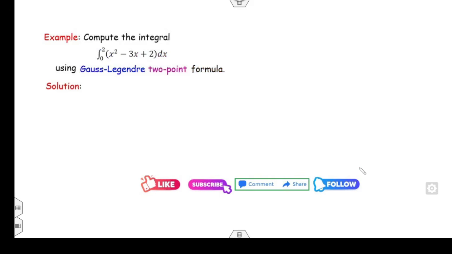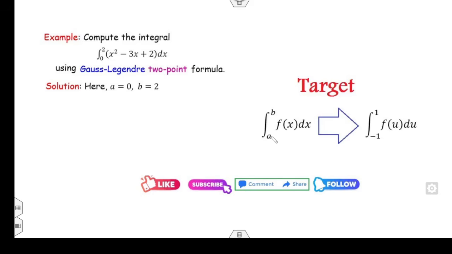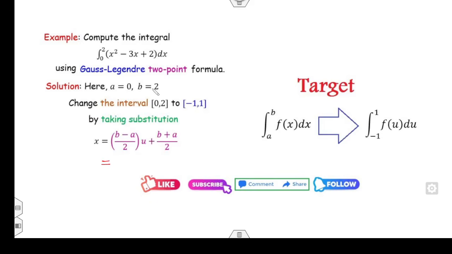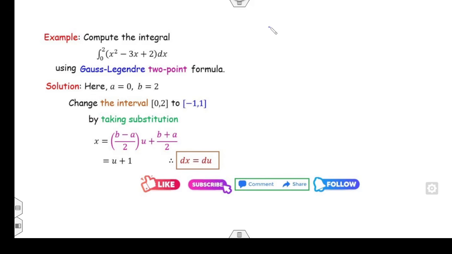Next question is compute the integral by using the 2-point formula. Again, your target is to firstly convert the domain to -1 to +1. I can use the substitution (b minus a) over 2, (b plus a) over 2. Therefore, dx will be du. Now you can substitute the values.